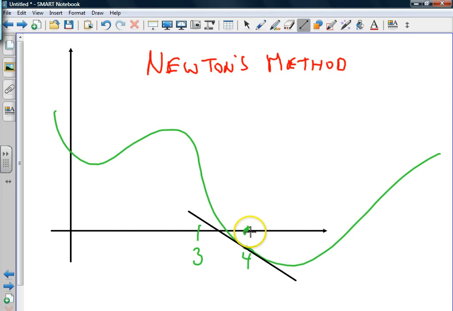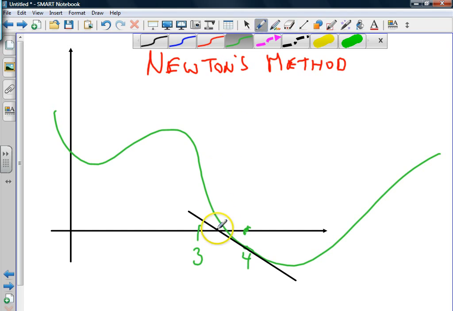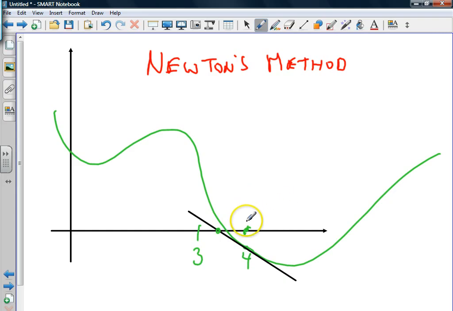All right, so my first guess is whatever I want. Try to make it close, but something easy, like an integer is fine. But I wasn't happy with that, so now what we do is we try to get the 0 of the tangent line. Now what's nice about that is, look at that 0. It's closer to the actual 0 I'm looking for. All right, so if I call this my initial guess x sub 0, this is my new guess x sub 1.